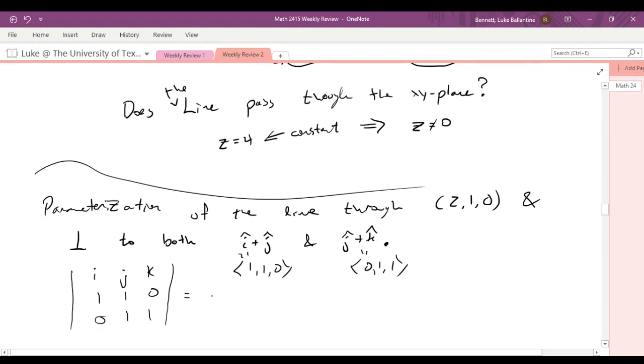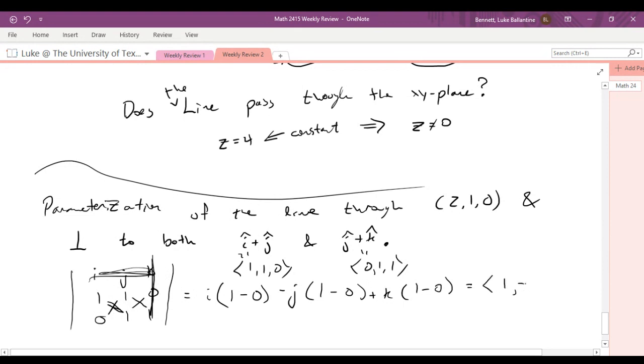So we have i times 1 minus 0, minus j times, cross out j, we have 1 minus 0 again, plus k times, crossing out this guy and this guy, we have 1 minus 0. So this is going to be 1, negative 1, positive 1.